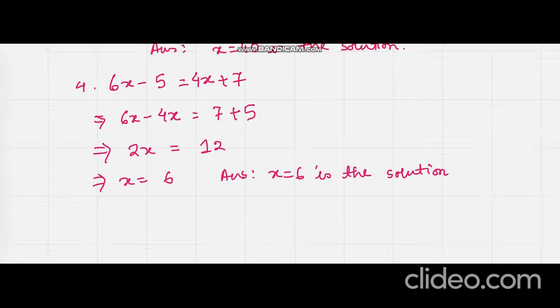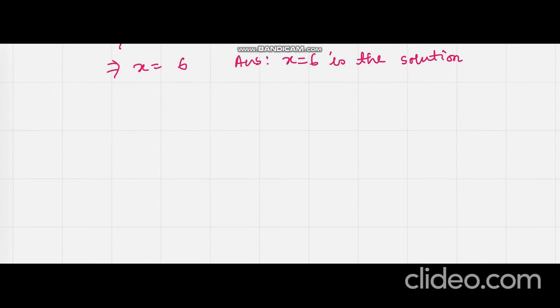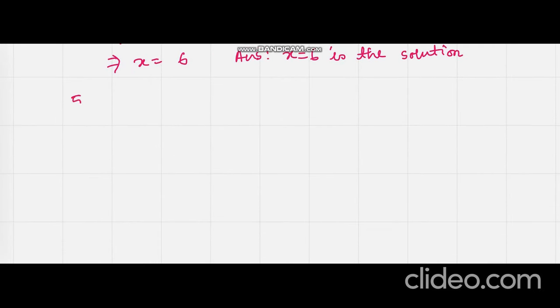Okay, so now let us take another one. Let us solve this: 7x by 5 equal to x minus 4. So what will we do over here? There are actually two ways. One is like we can do it in this way: 7x by 5 minus x equal to minus 4, meaning we are transposing the x so that all the x terms will be on one side.